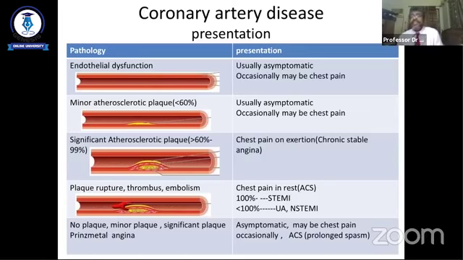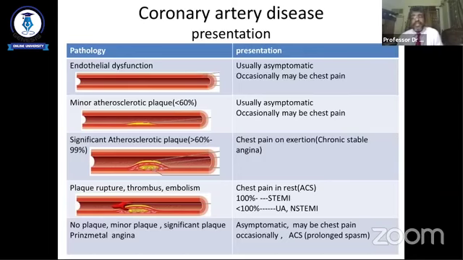These entities are divided on the basis of the ECG changes, and the other factor depends on the rise of cardiac enzymes like CKMB or troponin I. If a patient suffering from acute coronary syndrome has ST elevation, it is called ST elevated myocardial infarction.